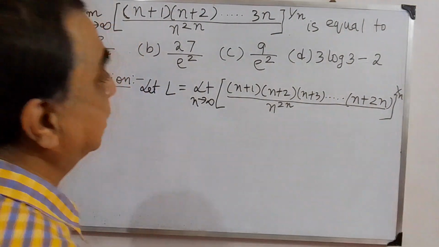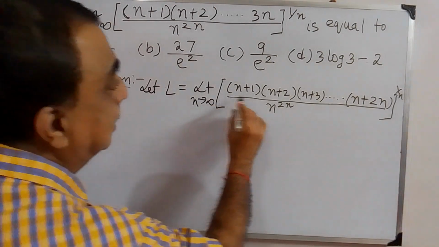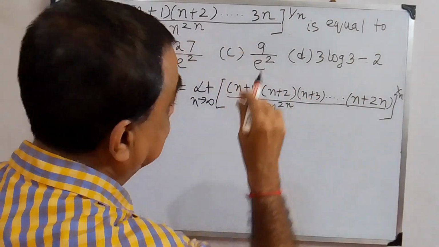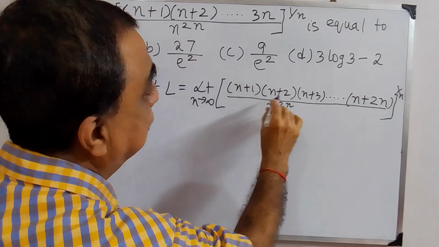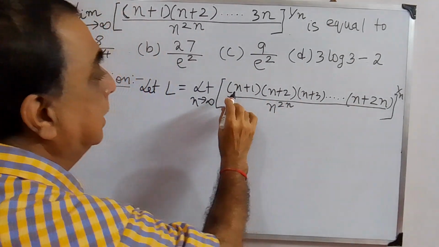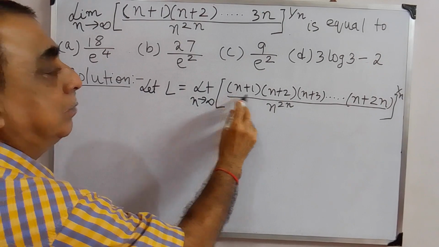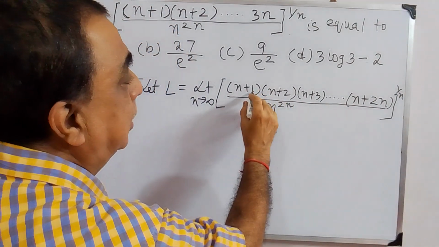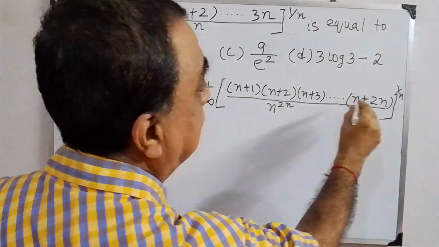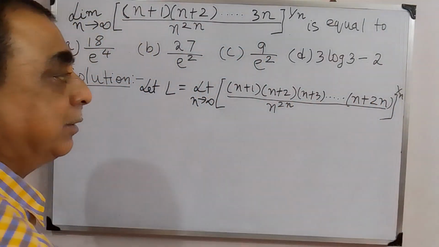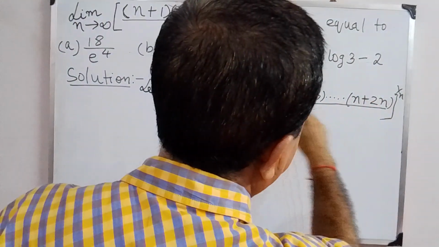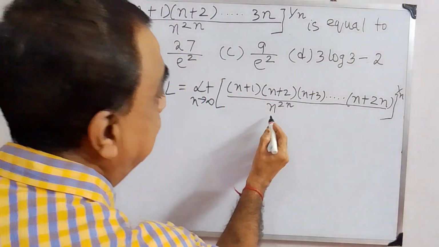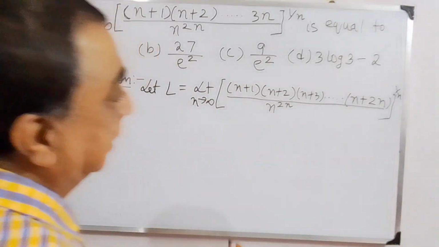So what are we noticing here? In the numerator, the first term of each bracket is n, and the second term is increasing starting from 1, 2, 3 up to 2n. So the number of terms in the numerator is 2n, and the denominator is n to the power 2n.